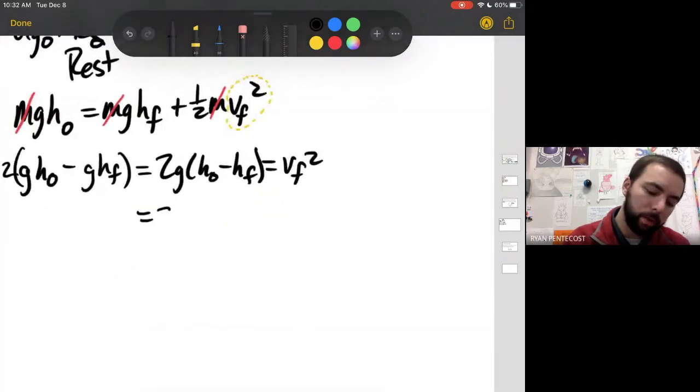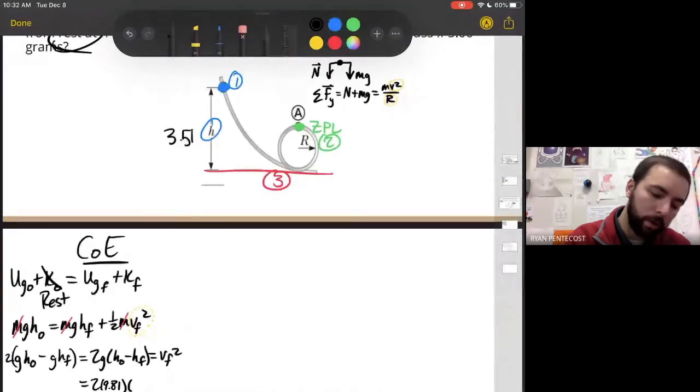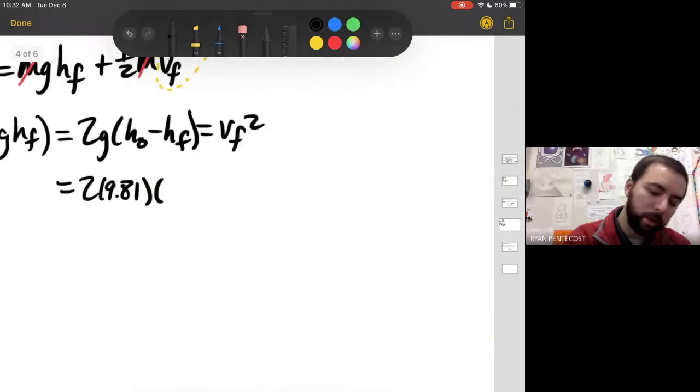This would be 2 times 9.81 times, let's see, our initial height from the ground is 3.5 r, and then our height here would be 2r. So we have 3.5 minus 2, you would get 1.5 r.